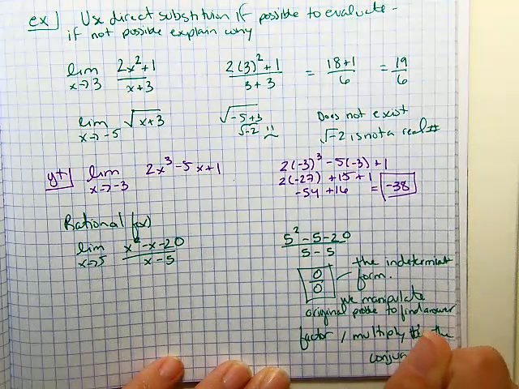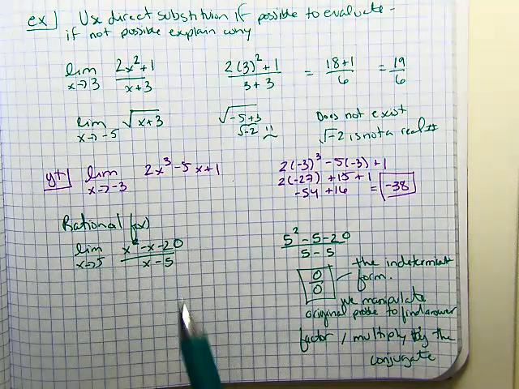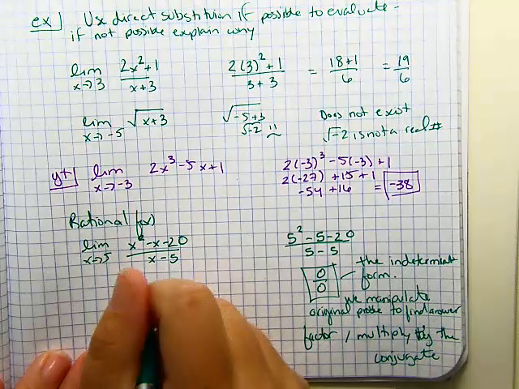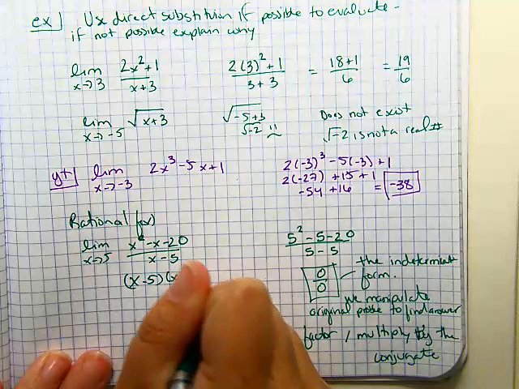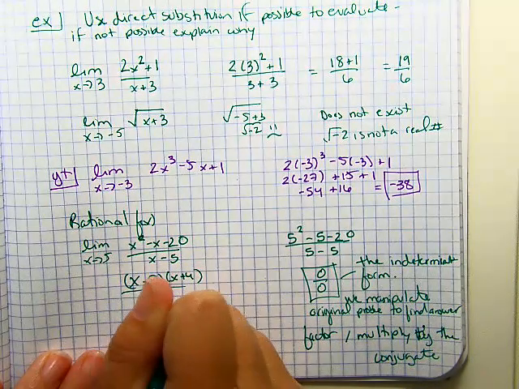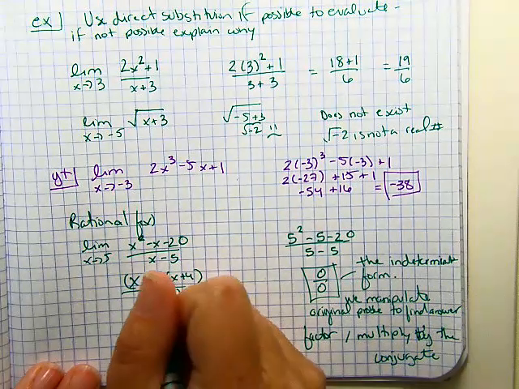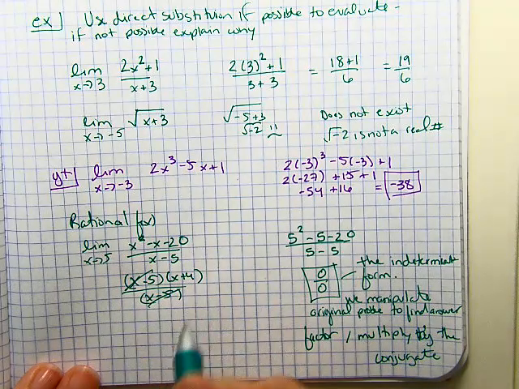Looking at this, x squared minus x minus 20 over x minus 5, oh, that looks like it's factorable. And sure enough, it's x minus 5 times x plus 4 over x minus 5. And if you will recall back in the day, those simplify and there would be a hole here.